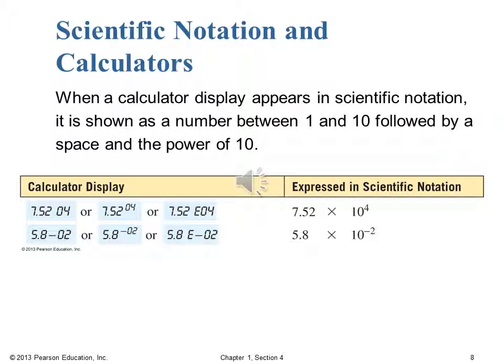So just be careful, make sure that you know how your calculator might display a value like 7.52 times 10 to the fourth or 5.8 times 10 to the minus 2. So for that last example, it should be 0.058, and make sure that it expresses in some sort of format that's recognizable to you on your calculator.